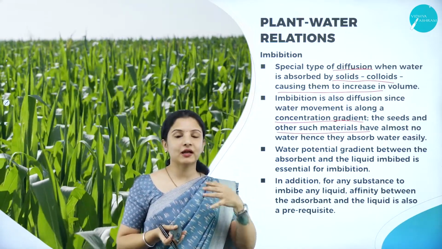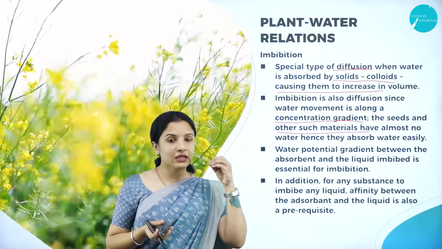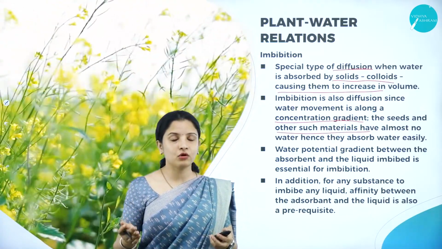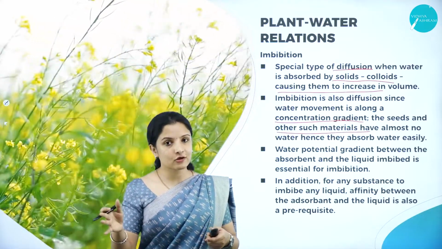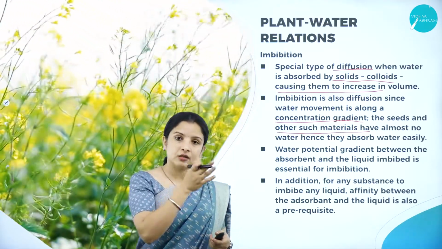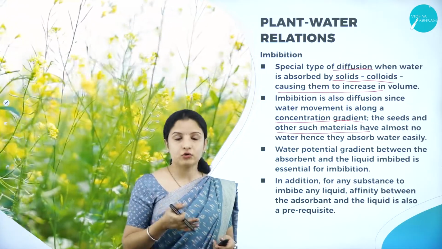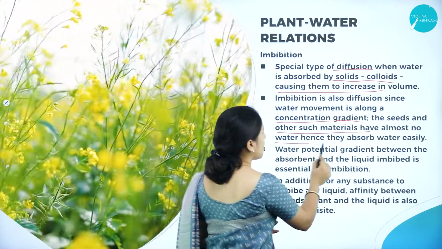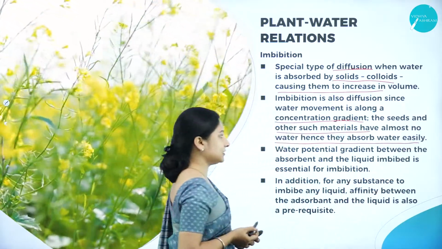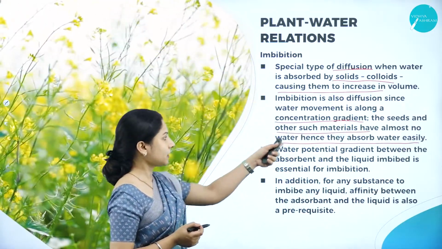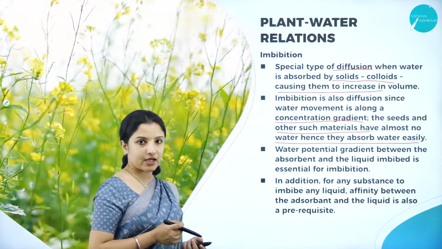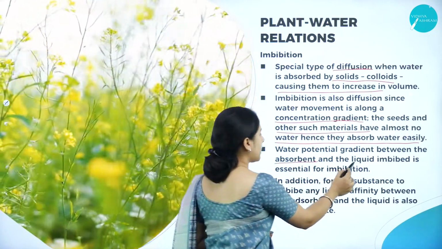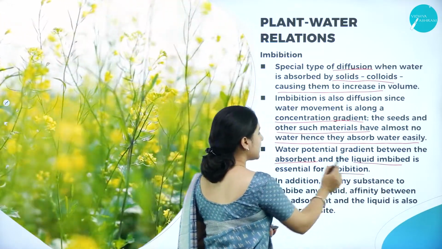Because inside they have no water at all or a very minimal level of water, and outside the water molecules are more. The water molecules from higher concentration will move inside the seeds where the water molecule concentration is very less. So that is when they absorb water very easily, and therefore the water potential gradient between the absorbent and the liquid imbibed is essential for imbibition.